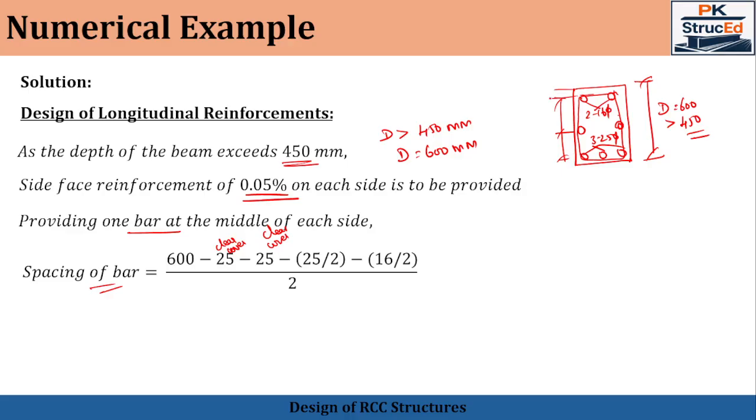Here this is the clear cover, this is 25, and here also it is 25. So the total is 600 minus 25 and 25 clear covers on both the top and the bottom faces, minus half the diameter, that is 25 divided by 2, and again half the diameter at the top, 16 divided by 2. That is the effective depth.